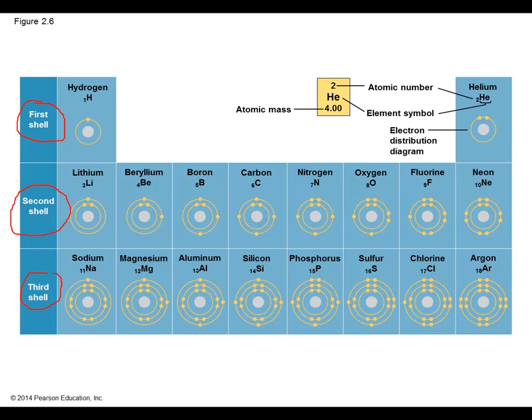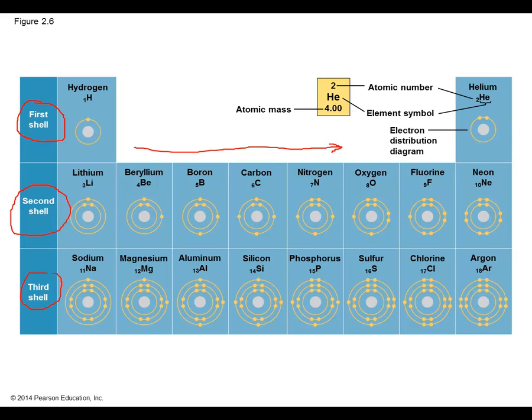Okay, and then the left to right sequence, moving left to right, each row represents a sequential addition of electrons. So if you look at this, you're gaining one electron at a time until the shell is complete on the far right side.